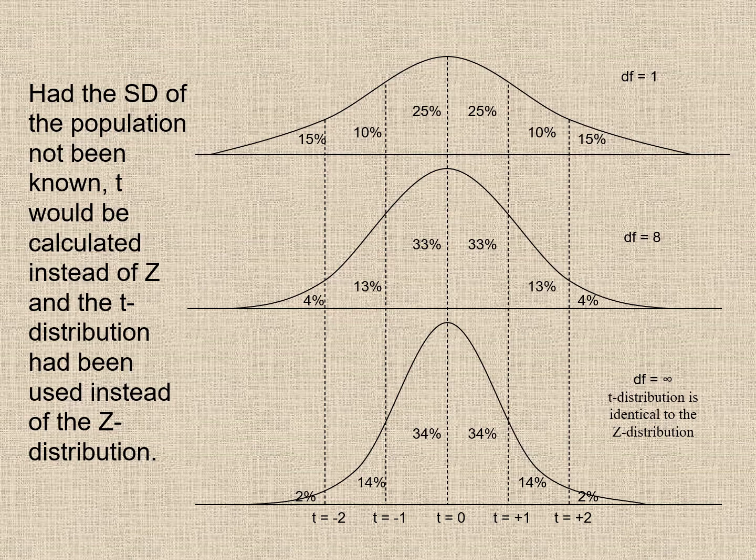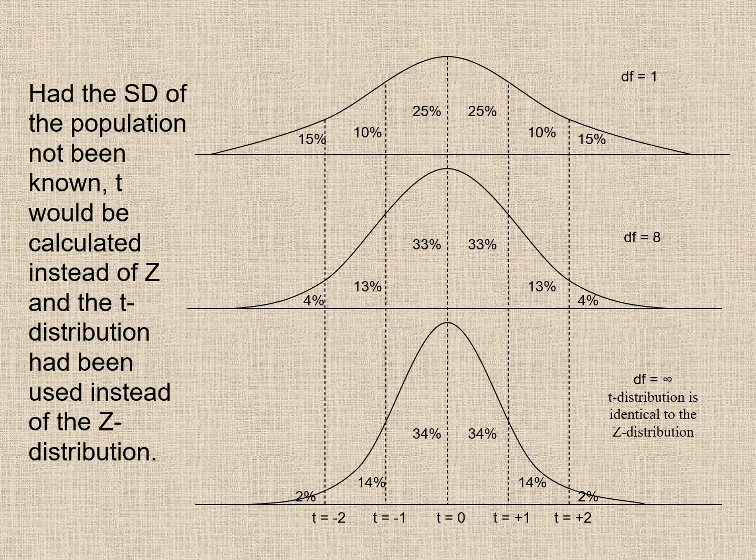There's a 66% probability for this sample to have a mean that is within 1 standard error from the population mean. And in the bottom distribution here, we have an infinite number of degrees of freedom.